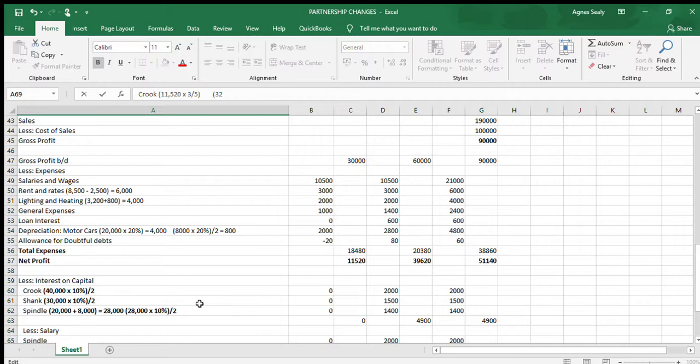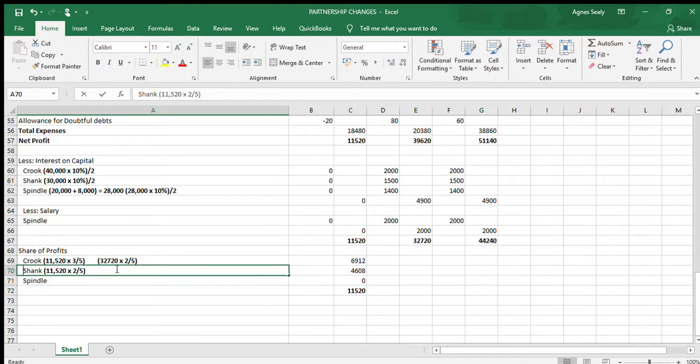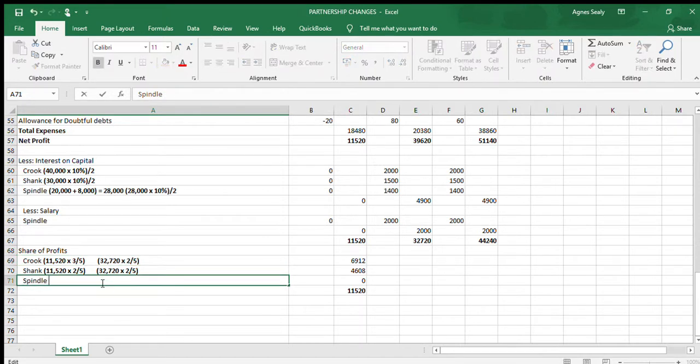So here, out of the 32,720, Crook will be getting 2/5 and Shank will be getting 2/5 as well. Both of those are getting the same share of profits according to the agreement. However, Spindle will be only getting 1/5 of that profit.